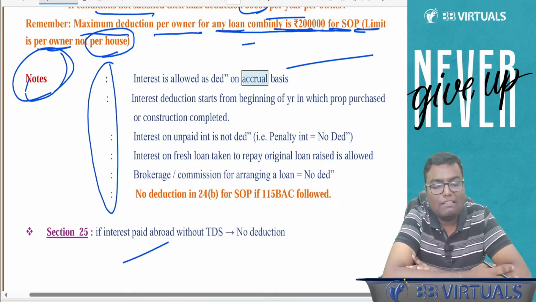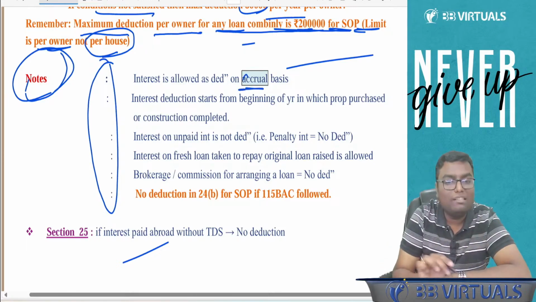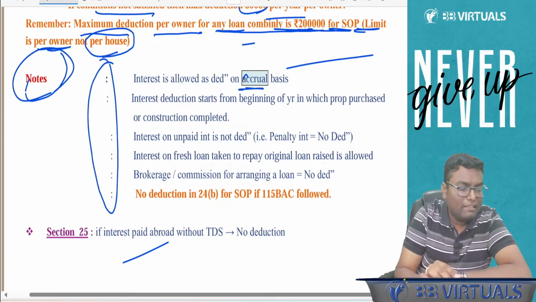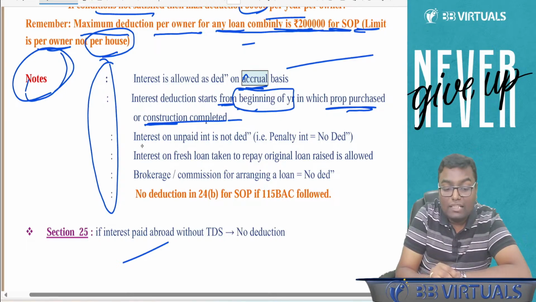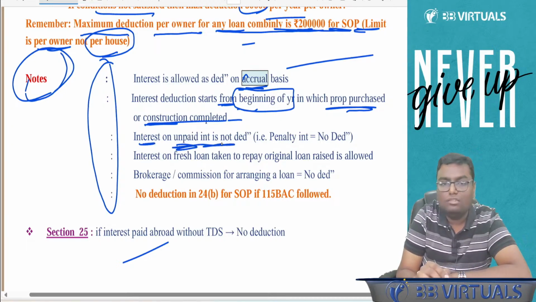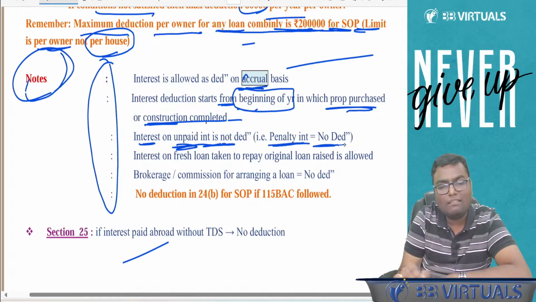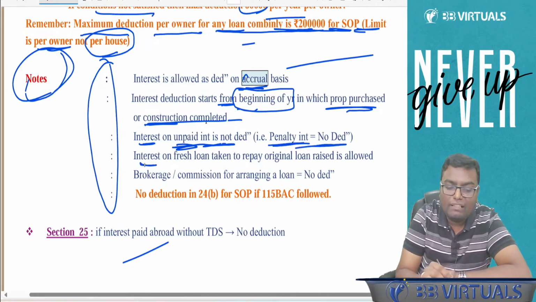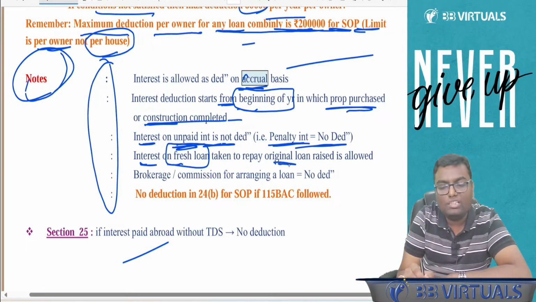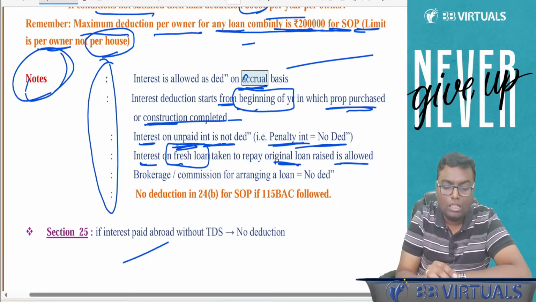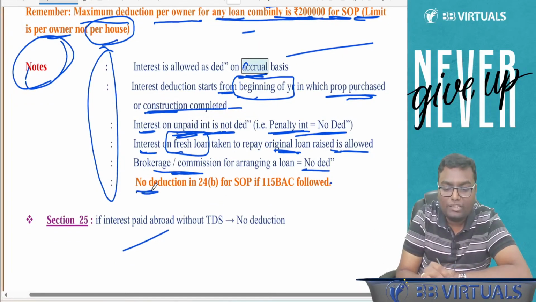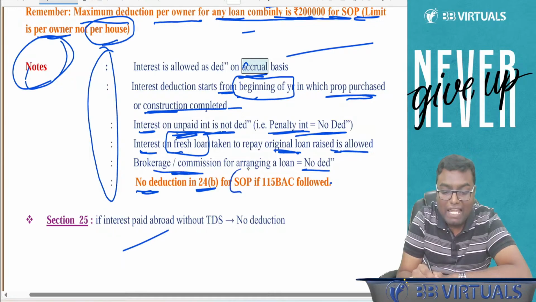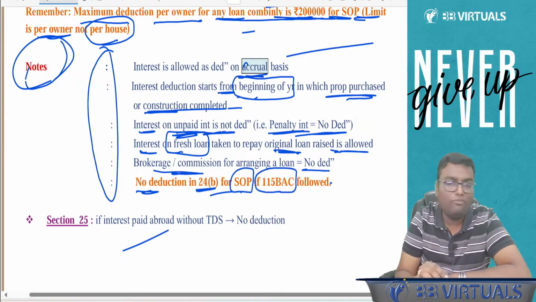First, interest is allowed as a deduction on accrual basis. Second, interest deductions start from beginning of the year in which property purchased or construction is completed. Then interest on unpaid interest, no deduction. That is penalty interest, no deduction. Interest on fresh loan to repay the original loan is allowed. Brokerage or commission, no deduction. Last, no deduction in 24 clause B for a SOP if 115 BAC followed.